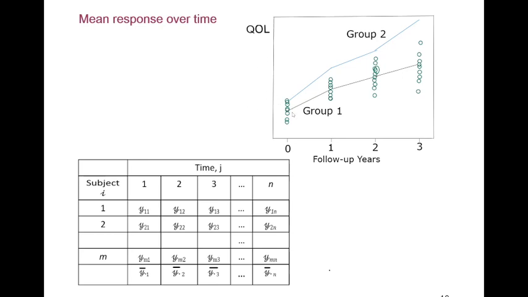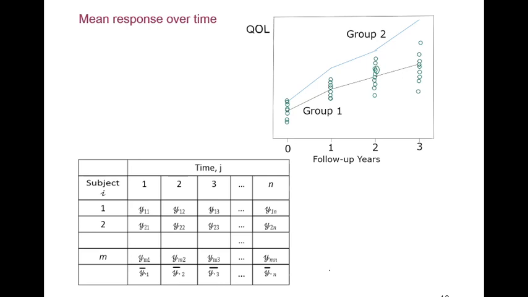Intuitively, we could just plot all the points at baseline, year 1, year 2, year 3, and calculate the sample mean. This sample mean shows that in both group 1 and group 2, quality of life improves over time. Also, this improvement exhibits a linear trend.